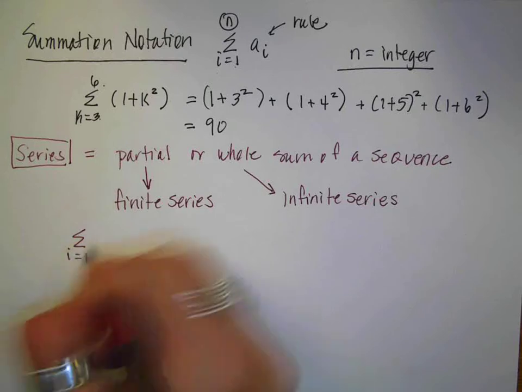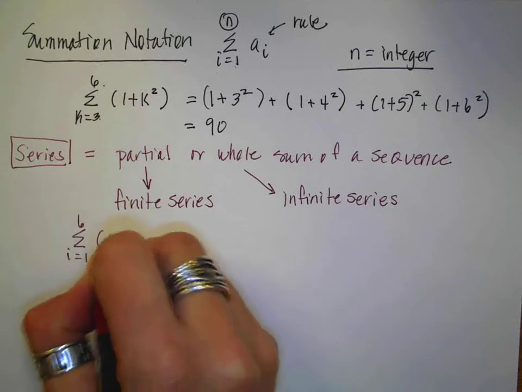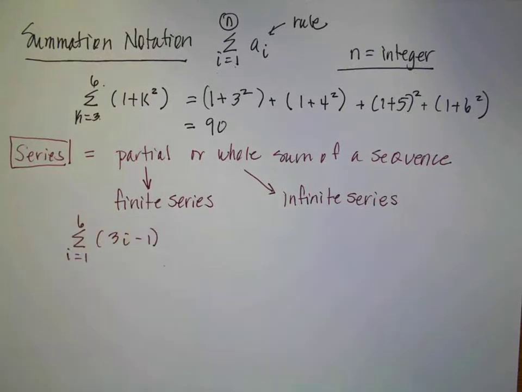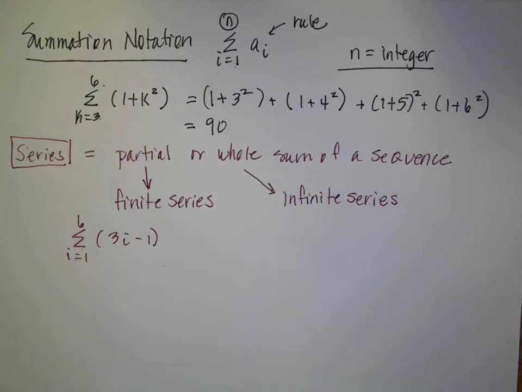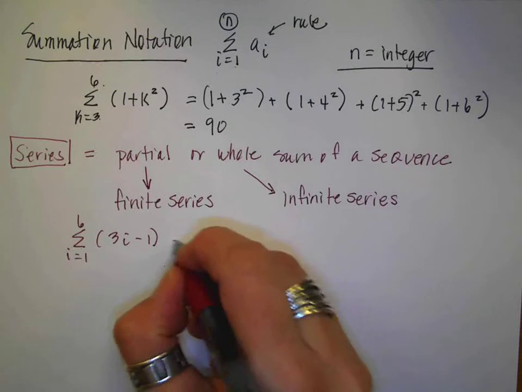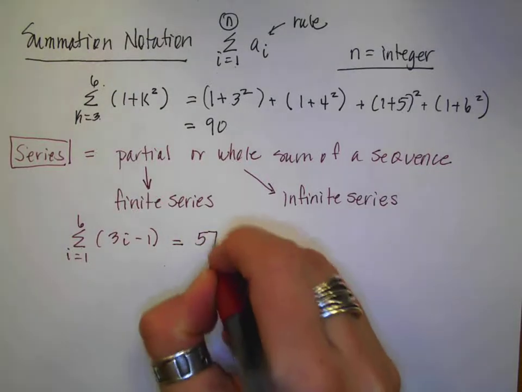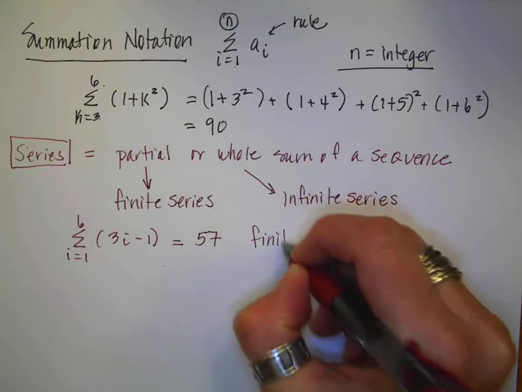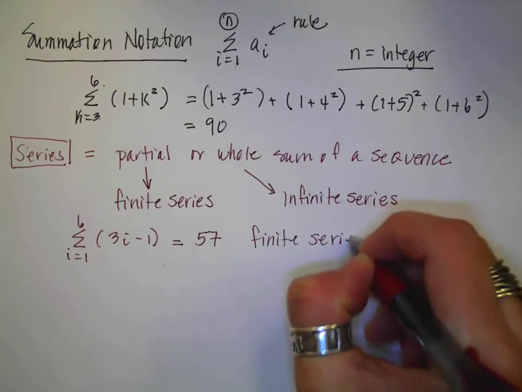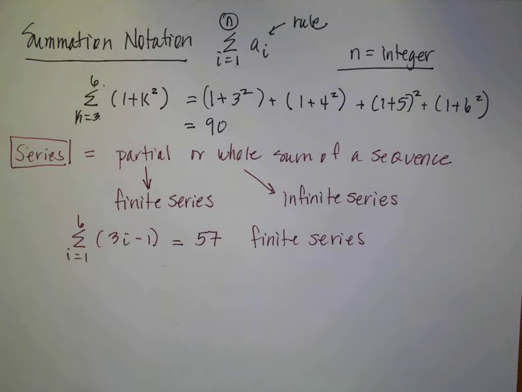If I'm given summation notation, so let's use this one, i equals 1 to 6, and then maybe our rule is 3i minus 1, okay, this says I want to sum the first 6 terms of the sequence, right? And again, I could do that in my grapher, or I could do it by hand, and I would get 57. So this would be a finite series because I am summing a specific amount of terms.